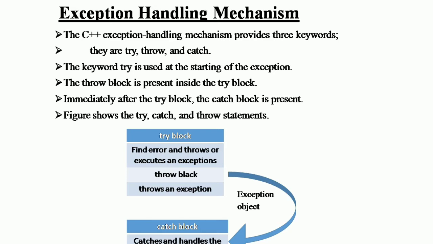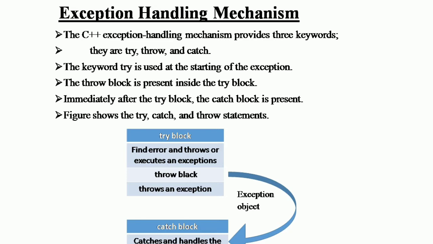When an exception is detected, it is thrown using a throw statement in the try block. Syntax of the throw statement: there are three ways you can define it. Throw in brackets the exception, closed and ended with a semicolon. Throw followed by the exception, ended with a semicolon. Otherwise you can directly give throw ended with a semicolon.